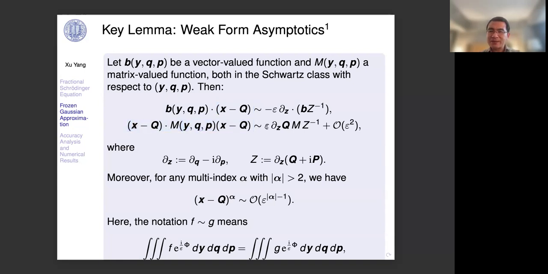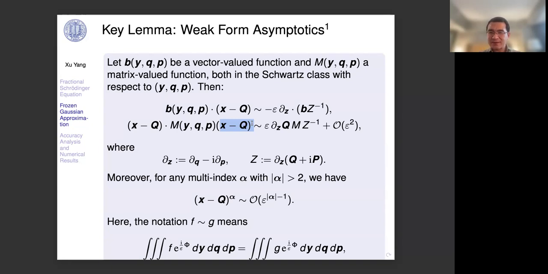So that means, in this sense of the asymptotic expansion, the x minus q term will be treated as the same order as x minus q squared. That makes the asymptotic expansion very complicated. We have to be very careful not to miss terms.